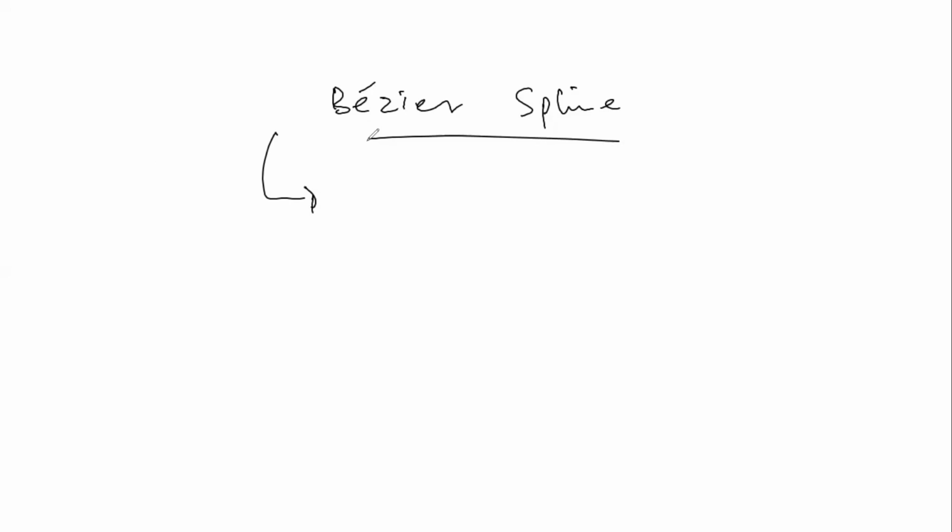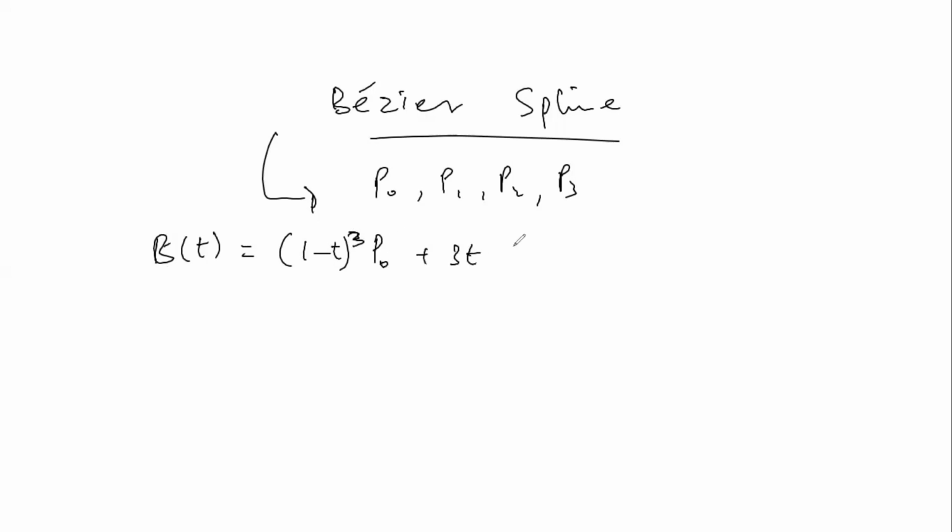Here, for instance, where we have P0, P1, P2, and P3 control points, the Bezier spline is given as B(t) equals (1 minus t) cubed P0, plus 3t (1 minus t) squared P1, plus 3t squared (1 minus t) P2, plus t cubed P3.